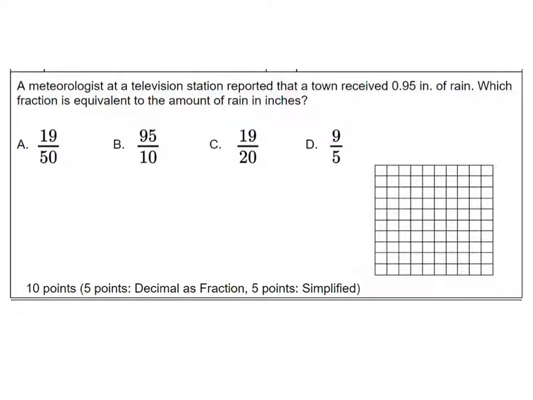Now here, what you needed to do, it says a meteorologist at a television station reported that a town received 95 hundredths inches of rain. Which fraction is equivalent to the amount of rain in inches? So if you have 95 hundredths, I'm going to go ahead and shade this in to show me 95 hundredths.